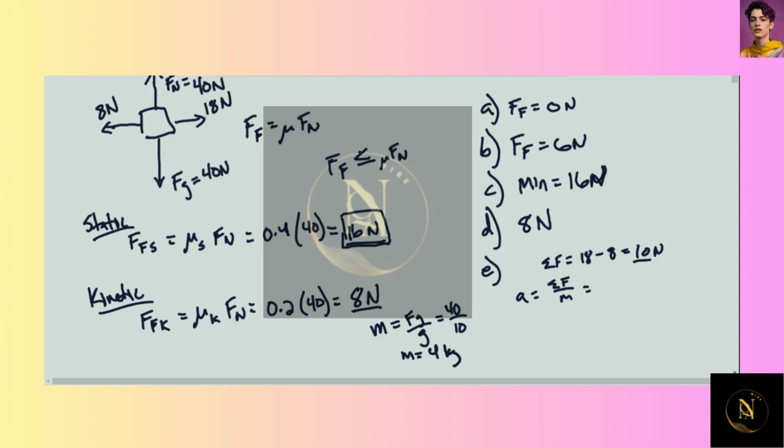And we already said the net force was 10 newtons. So 10 newtons divided by the mass of 4 kilograms gives you 2.5 meters per second squared. That's your acceleration. And then what's the frictional force? Well, the frictional force is still the kinetic frictional force. So the frictional force is going to be 8 newtons.